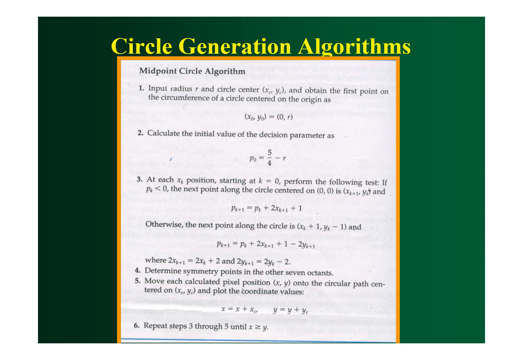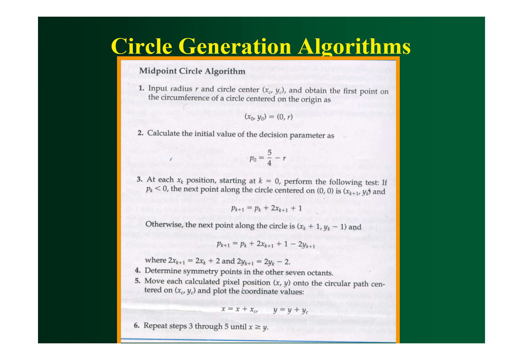At each xk position, starting at k equal to 0, perform the following step. If pk is less than 0, the next point along the circle is (xk plus 1, yk), and we compute the next decision parameter by this equation. Otherwise, the next point along the circle is (xk plus 1, yk minus 1), and we compute this particular equation to get the next decision parameter.